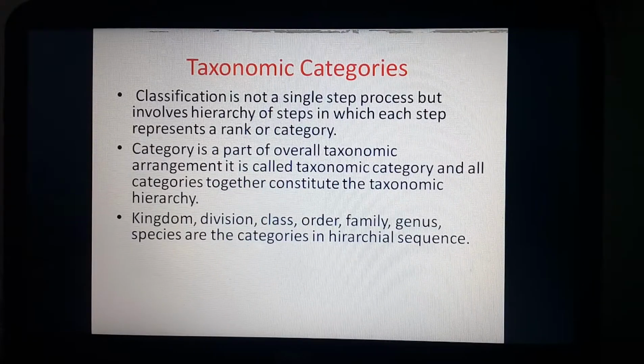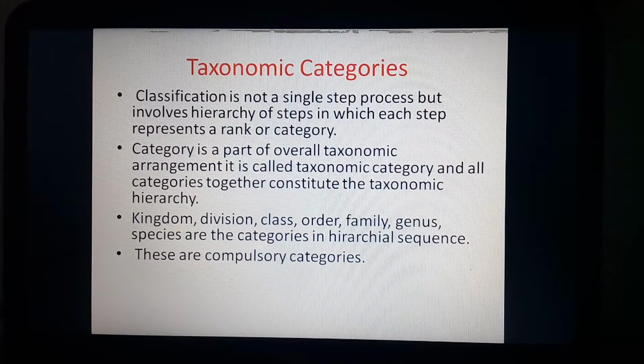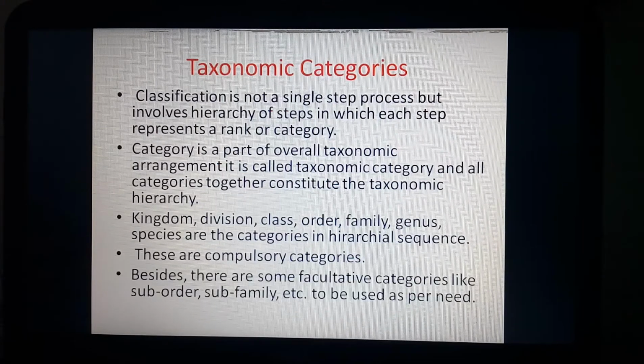Kingdom is the highest category, and species is the lowest category. The categories given now are compulsory. Besides these, some facultative categories are also given, like suborder, subfamily, etc., which are used as per the need.